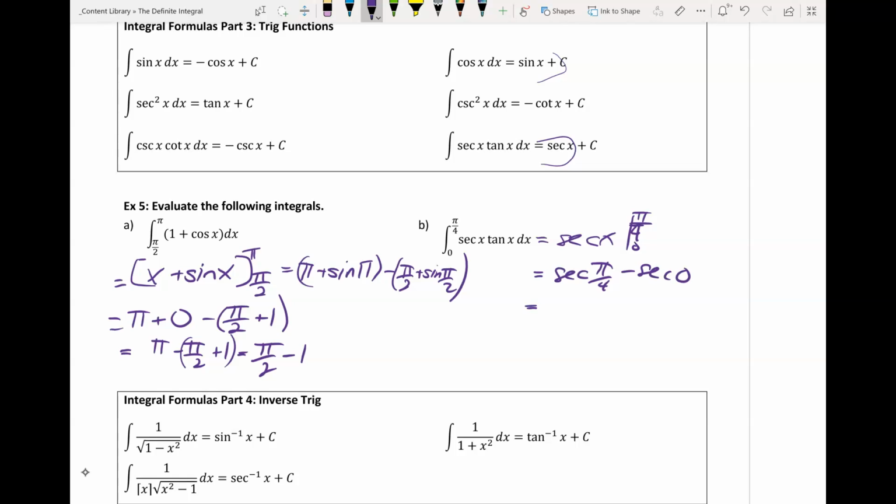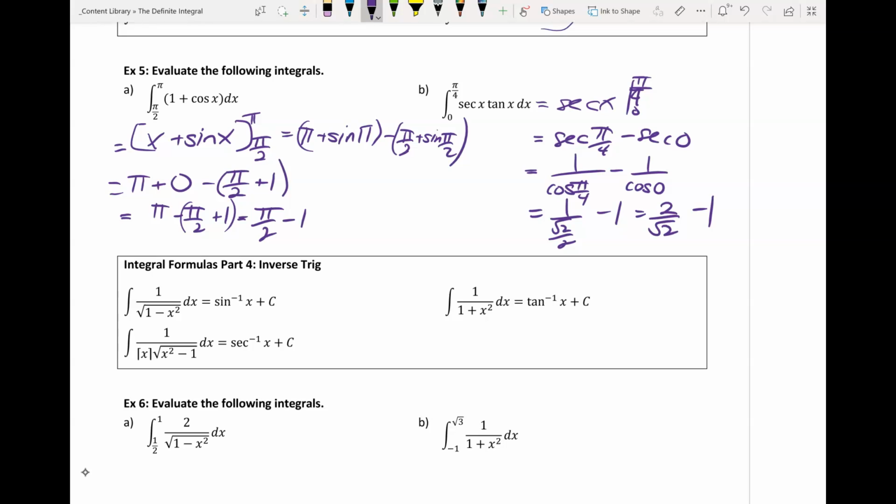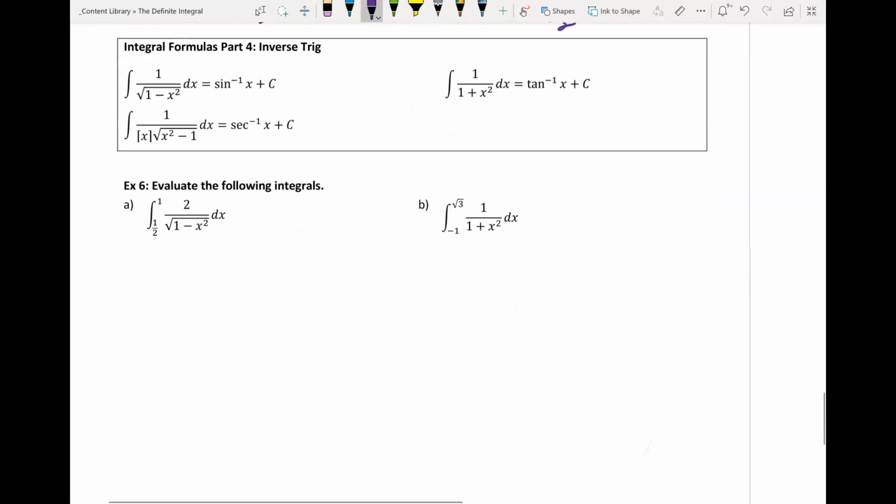It's probably easier to write this in terms of cos, so that's 1 over cos of pi over 4 minus 1 over cos of 0. So that's 1 over root 2 over 2 minus 1, which is 2 over root 2 minus 1. You could have a different variation of this by rationalizing the denominator if you wanted to.